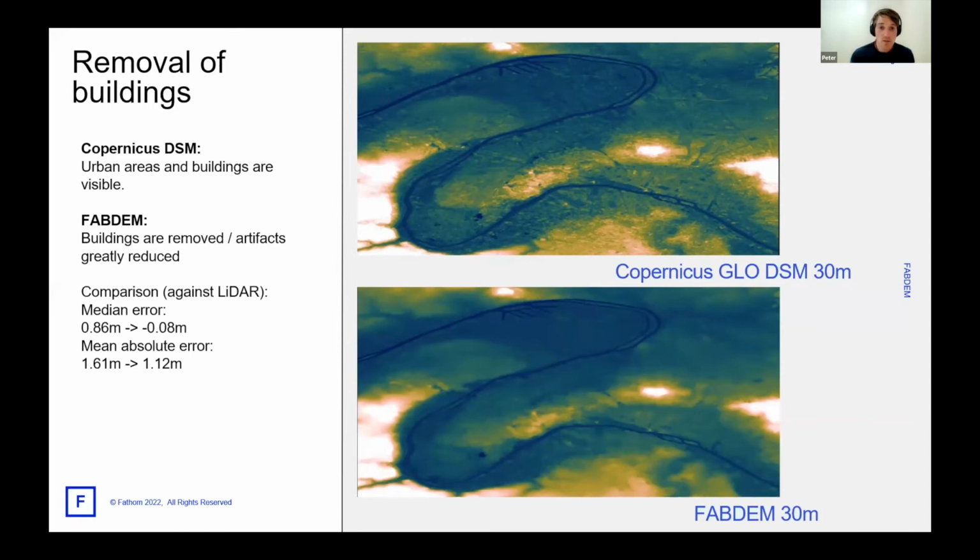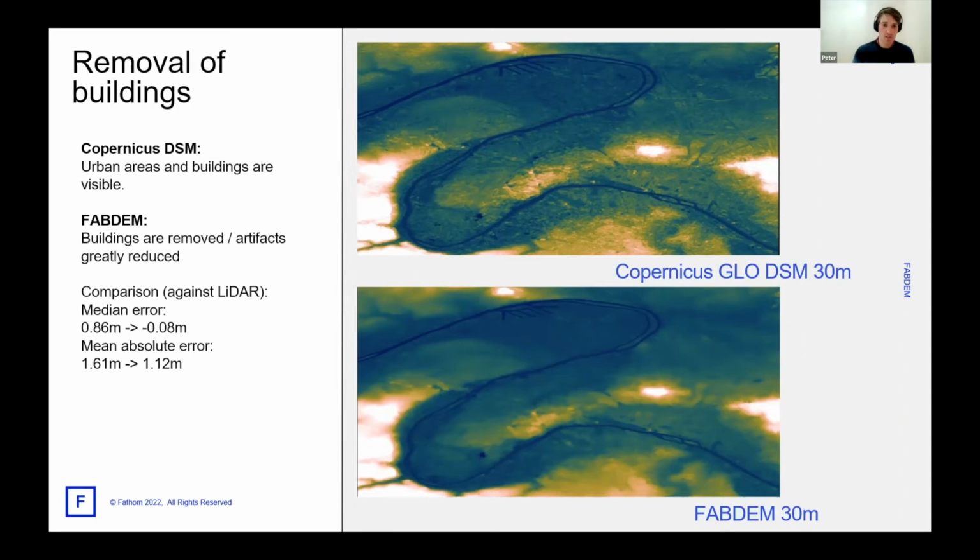And the top plot is the original Copernicus digital surface model, which you can see is quite noisy, and a lot of that noise is coming from the differing heights of different buildings across the city. And in the bottom plot, FabDEM is a lot smoother, and the elevations have been reduced to where we're removing the building height elevations.